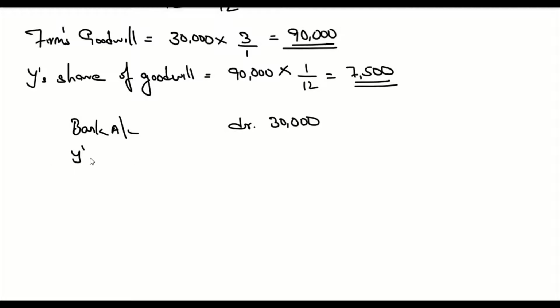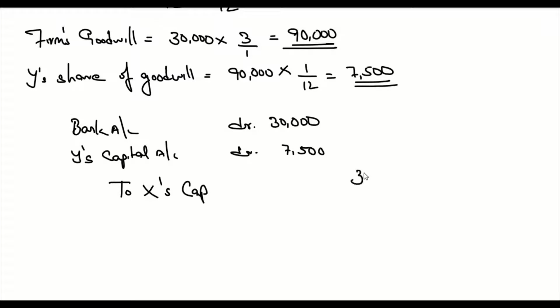Then Y has to bring his share of goodwill that he is not bringing. So Y's capital account debit 7,500, to X's capital. He is a sacrificing partner here. 30,000 plus 7,500, 37,500.